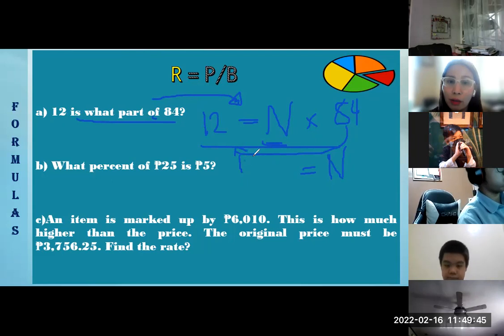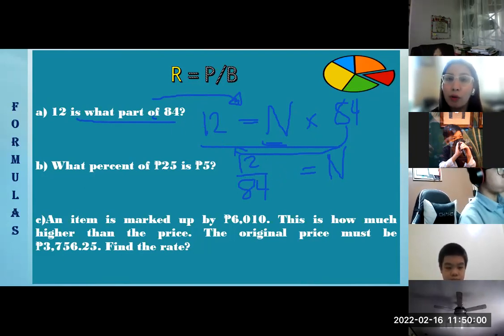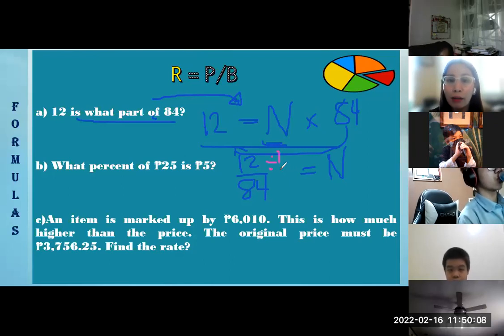So 12 over 84. Okay, then divide na natin siya. Nilagay na natin siya to the other side of the equal sign. Now, let's simplify 12 over 84. They can be both divided by the GCF, which is 12. Ayan, divide natin by 12.